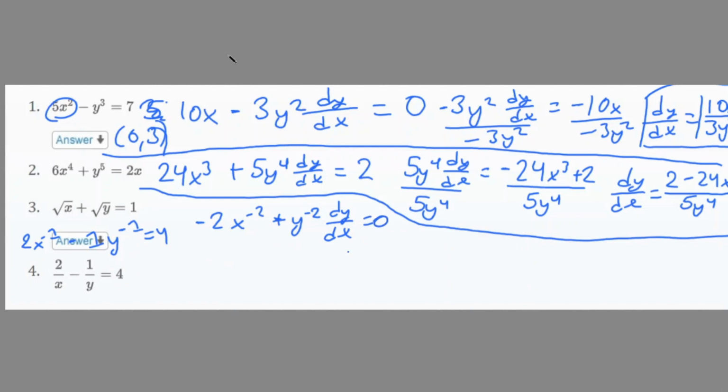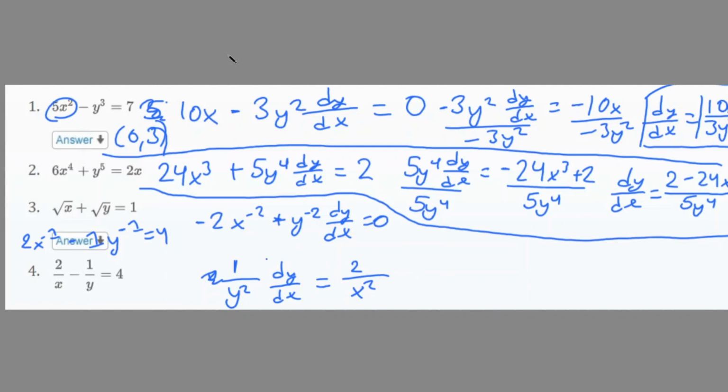So now we're going to do the same thing. We're just going to get everything on one side. Let's also rewrite the negative exponent. So we're going to have 1 over y squared dy/dx is equal to 2 over x squared. And again, we're going to try to get rid of the fraction.